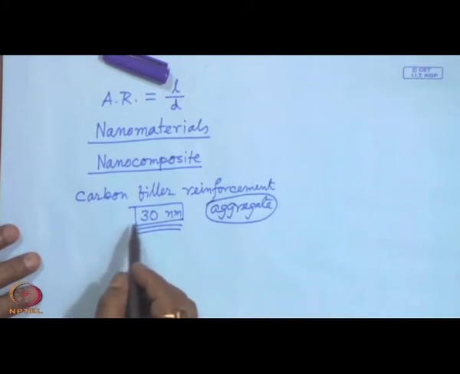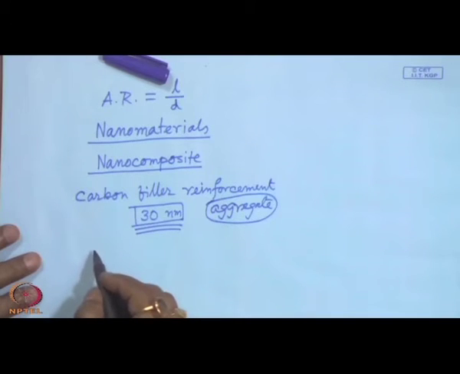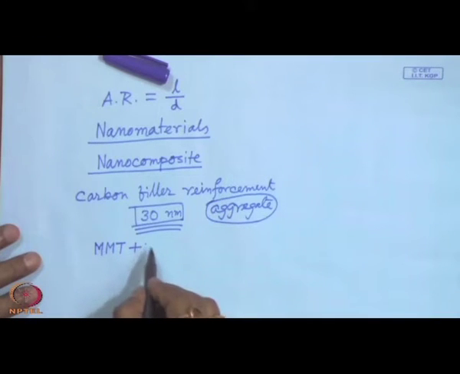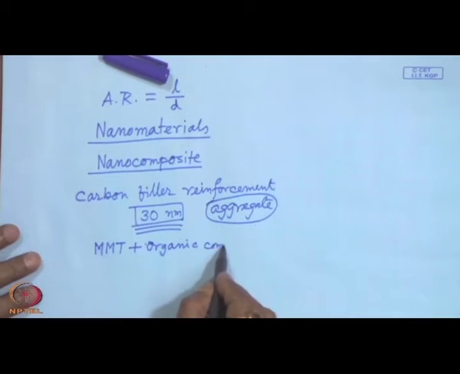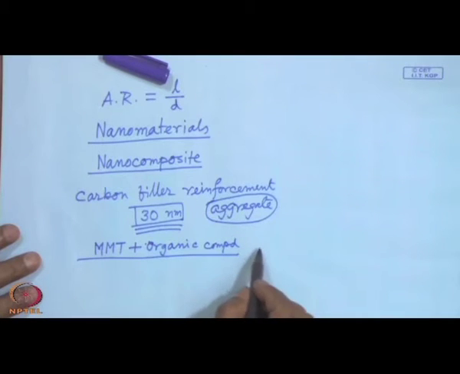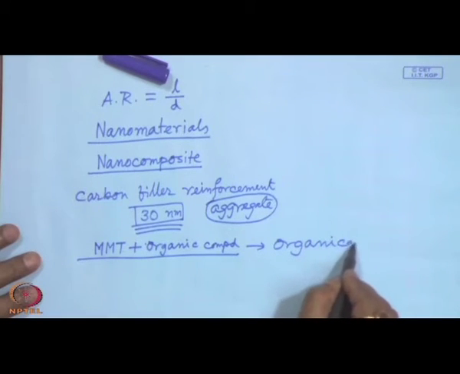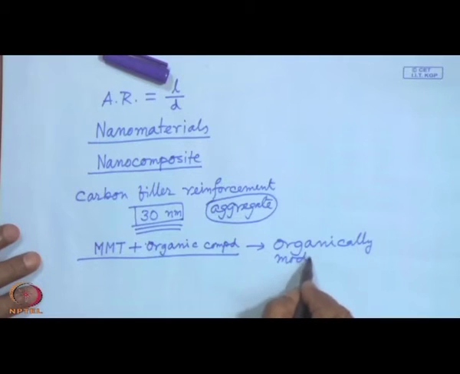Now, in place of carbon filler, if somebody uses some other kind of nano filler like, say, MMT clay, montmorillonite clay, modified with organic compound, known as organically modified clay, having layer structures.